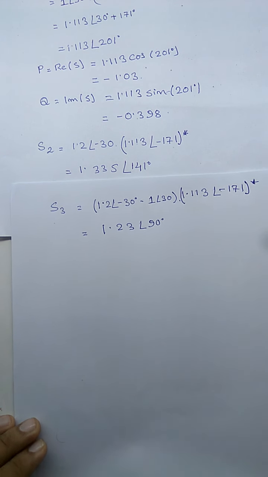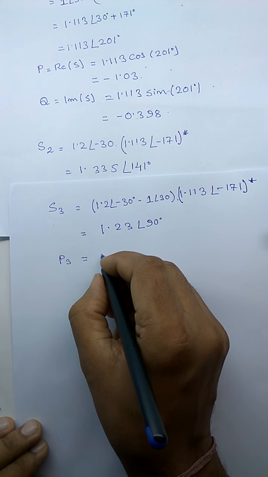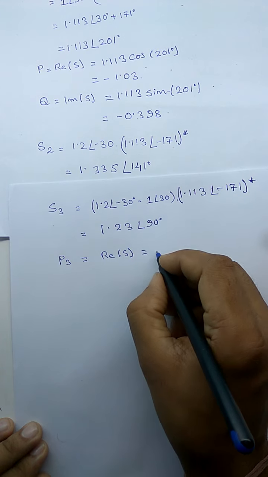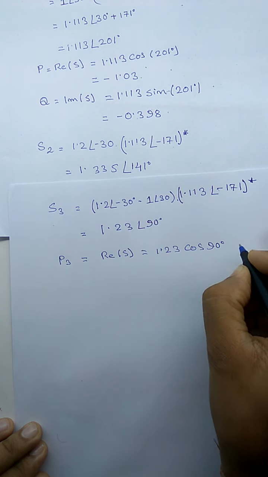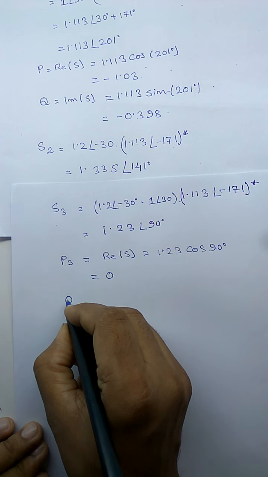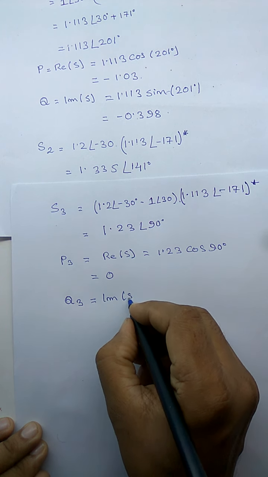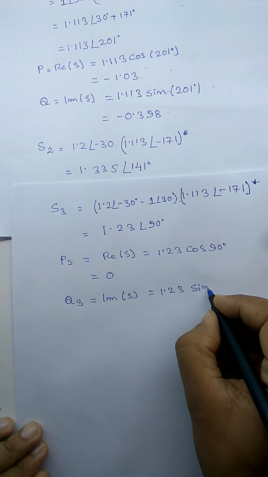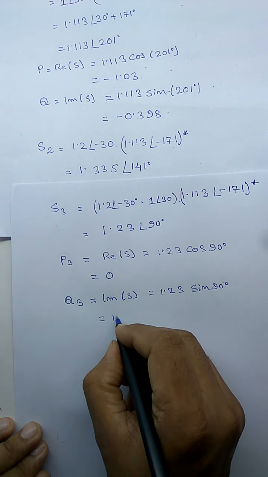So what is the real part of this power? P3 is equal to the real part of S3, that is 1.23 into cos of 90 degrees, that is equal to 0. What is Q3? Q3 is the imaginary part of S, that is 1.23 into sine of 90 degrees, that is equal to 1.23.